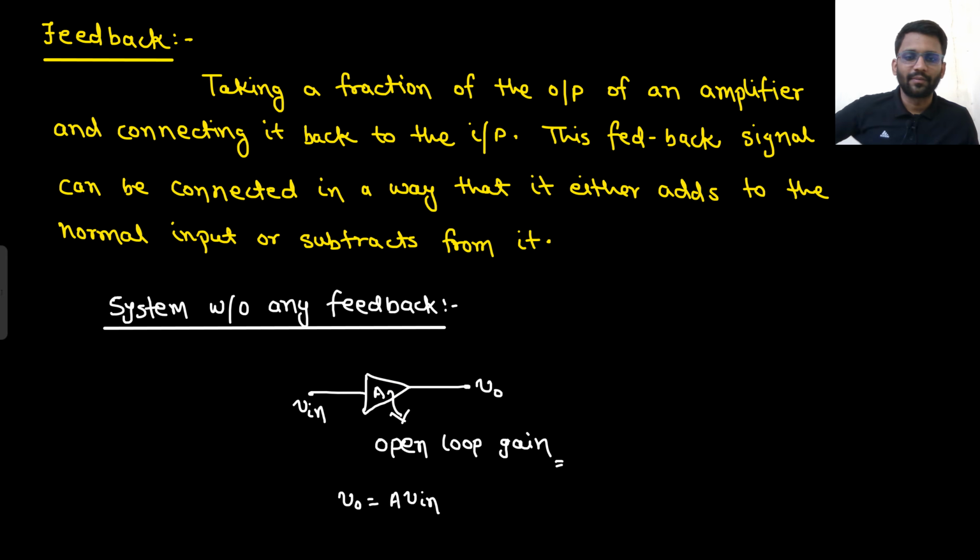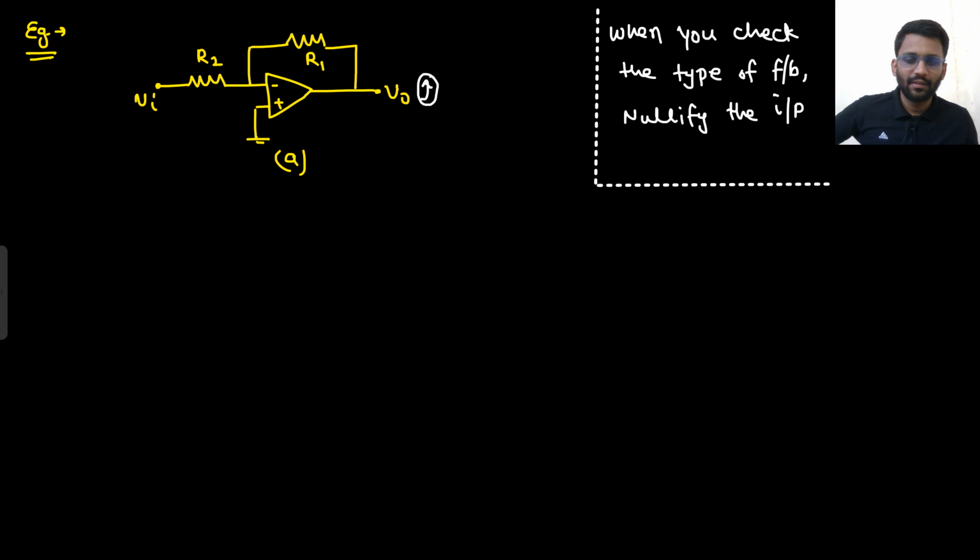So if this V naught increases, then this node will increase by potential divider, because V in is already shorted. Now if this node increases, then what will be your output? Your output is A into V positive node minus V negative node. V positive node is 0, that doesn't matter.